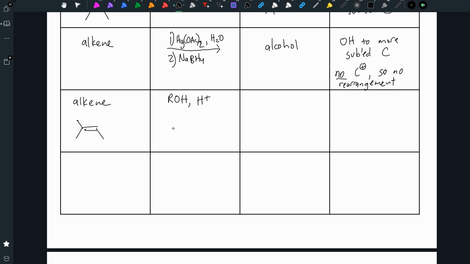So for instance, I could do this with, say, ethanol and H+, and that's going to make an ether. That goes through a carbocation, and the OR group goes to the more substituted carbon.